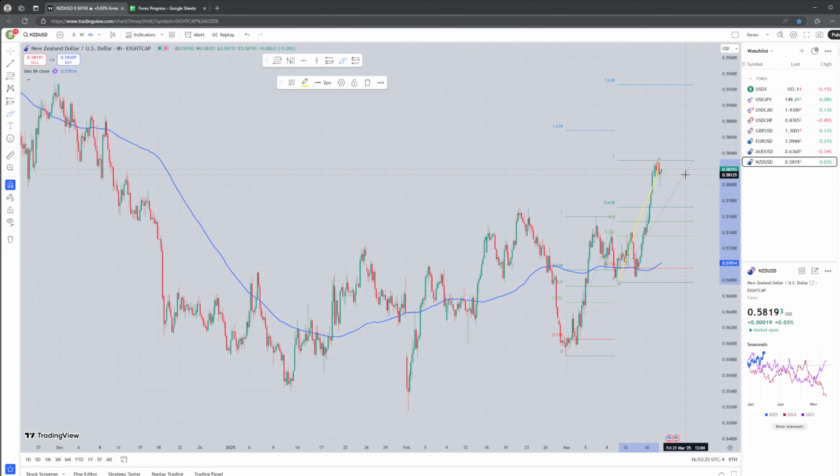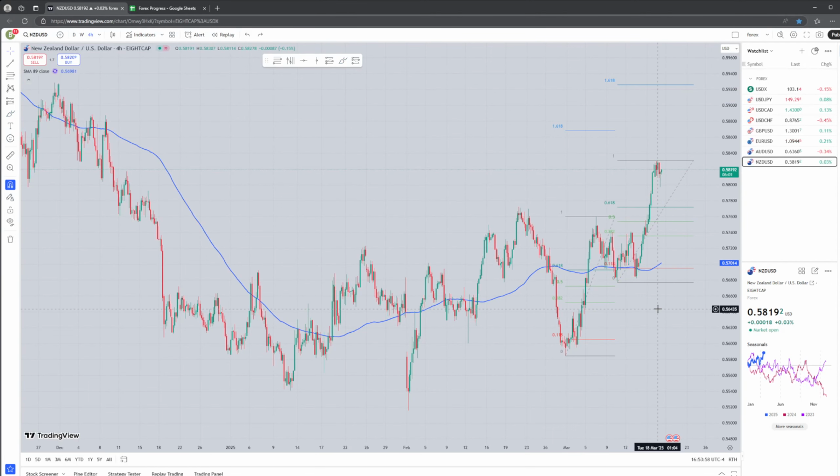The leg size is nice, and if the market keeps retracing like this and reaches into the 50 to 60% zone here, then it would be a perfect opportunity to buy New Zealand dollar USD. If that is the case, I will set my stop loss above the local minimum here. I'll set my take profit at the Fibonacci extension 1.618 up there. Your risk and reward ratio would be about 1-to-3.